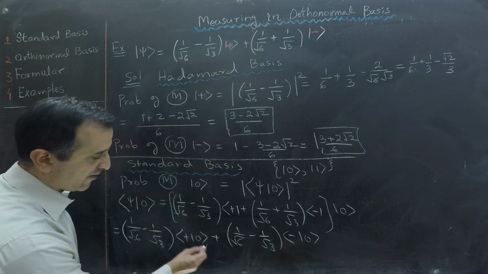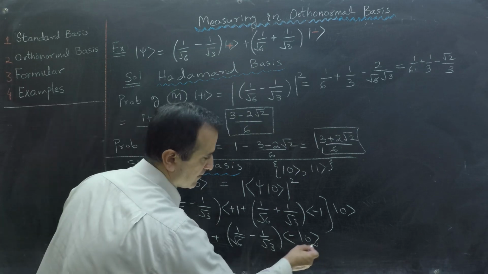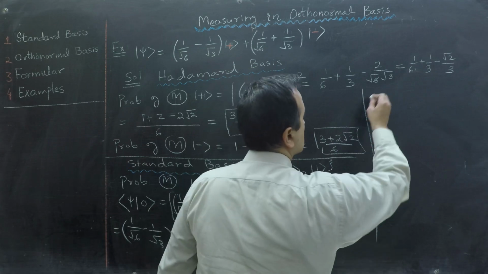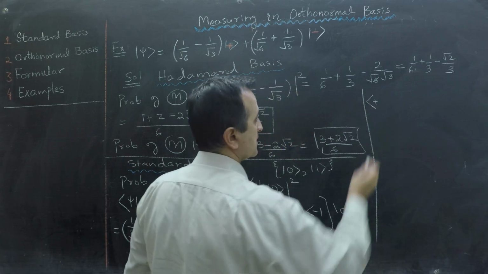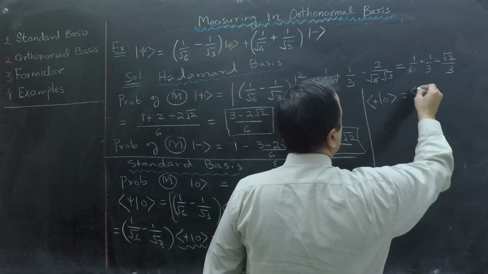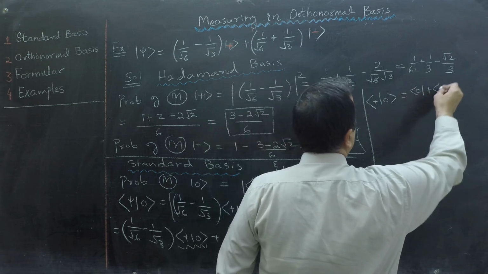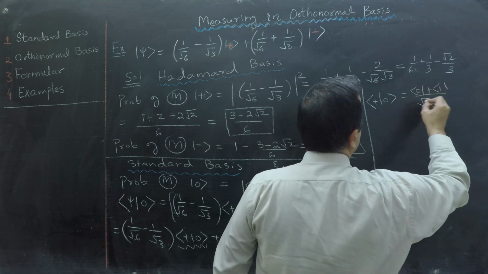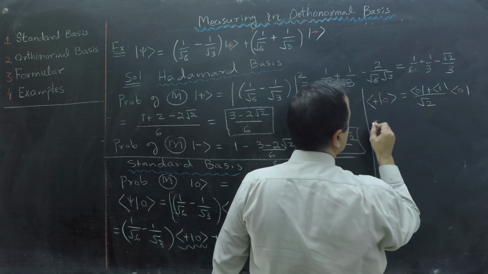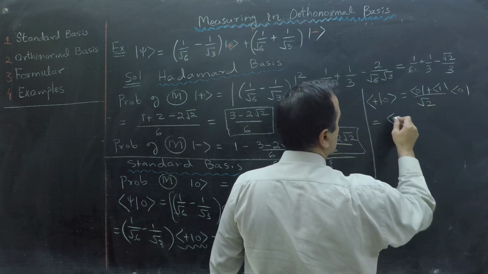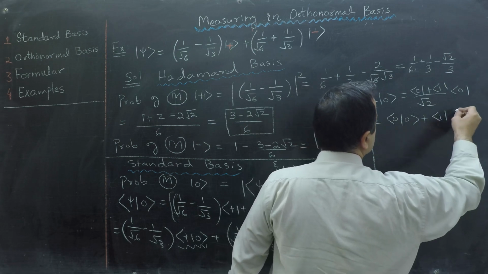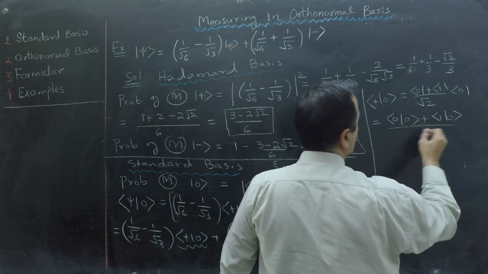Now let's calculate what this will be and what this will be. So my bra plus ket 0 is equal to bra 0 plus bra 1 divided by square root of 2 times ket 0, and this will be equal to bra 0 ket 0 plus bra 1 ket 0 divided by square root of 2.